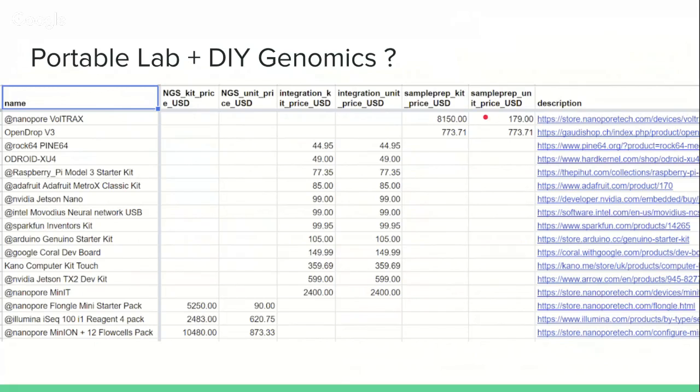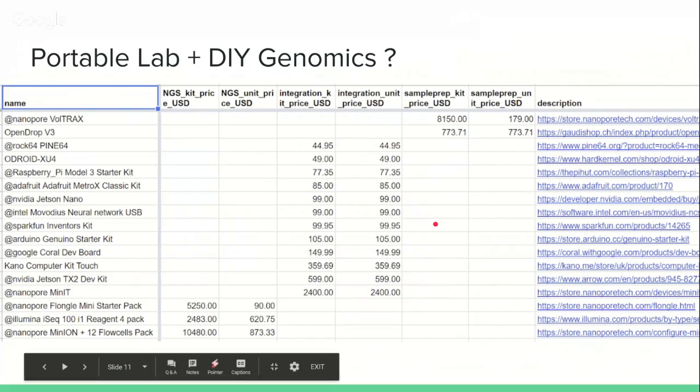But if I make my calculations based only on the part that's strictly related to sample prep, then each unit of experiment could go down to $179. And the OpenDrop is the kind of do-it-yourself electrowetting system, and it's below $1,000. So if you go to the website, you can click on these links and find more information about it.